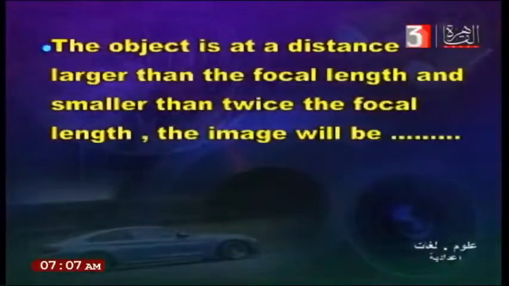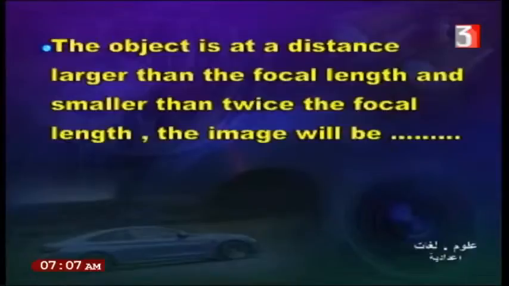The object is at a distance larger than the focal length and smaller than twice the focal length. So what will the image be? In this case, the object is between focus and center.